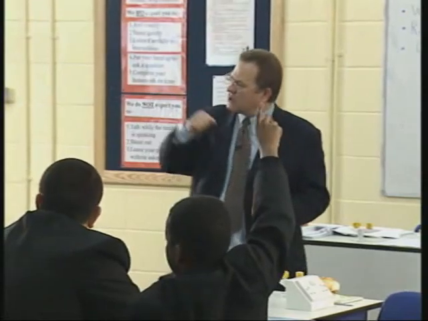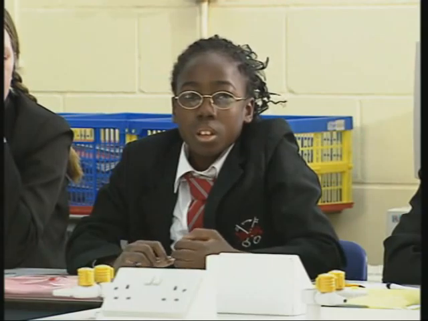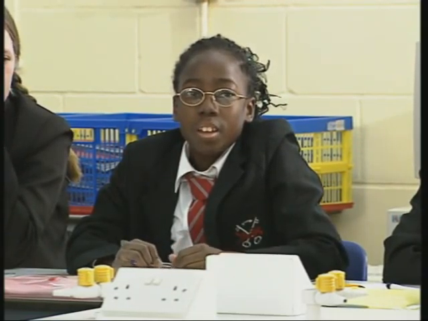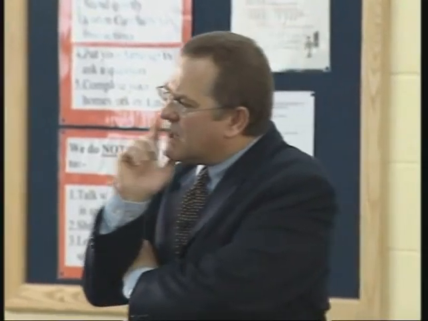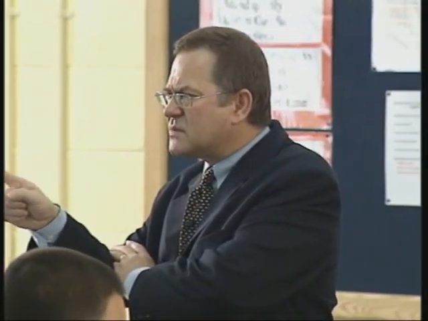Okay, let's try here. Cells are different because some cells are big and some cells are small, and they all have different jobs of what they do. Yeah. Anything else? Can you add more to that? Some nucleus is in leaves, but they're not in roots, so... Okay, I think not nucleus, there's another word that you're confusing there, but you are right.